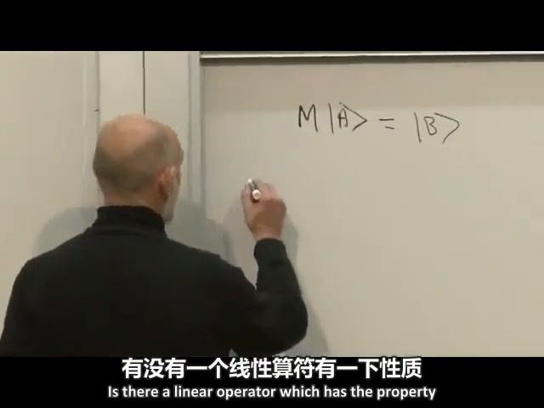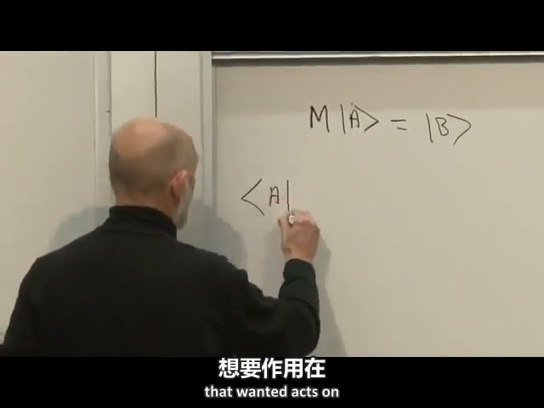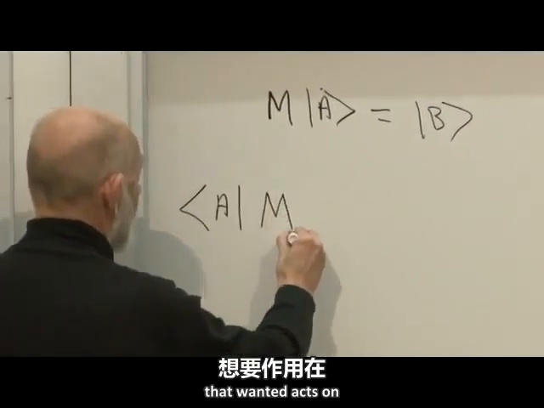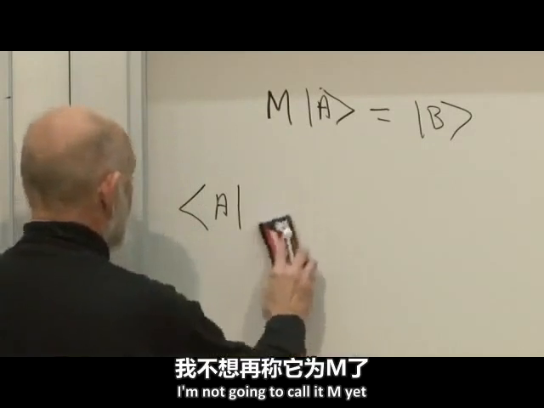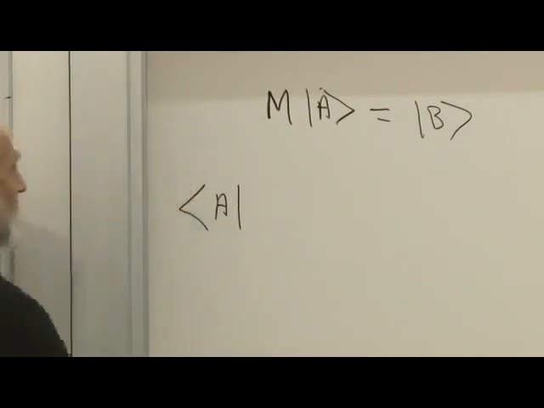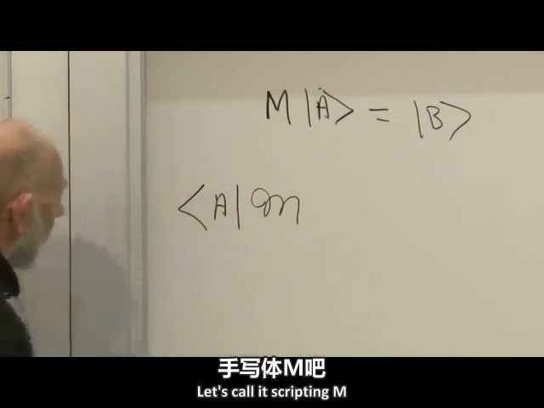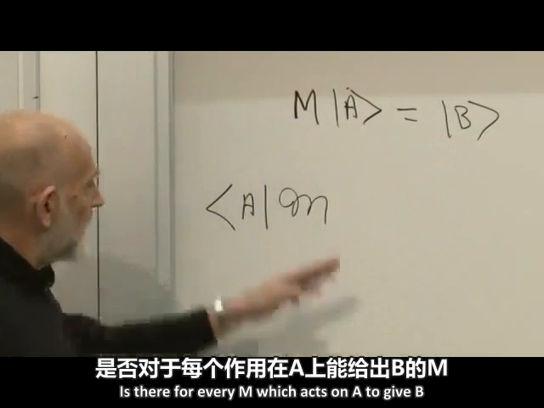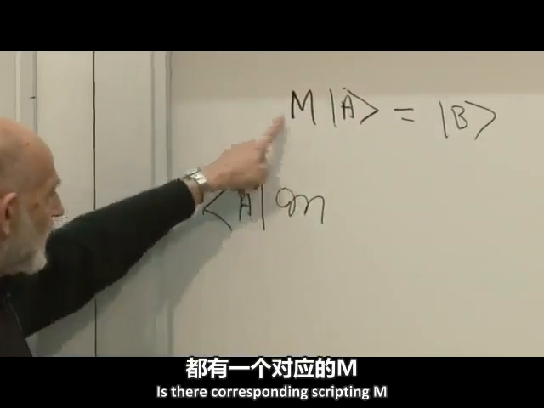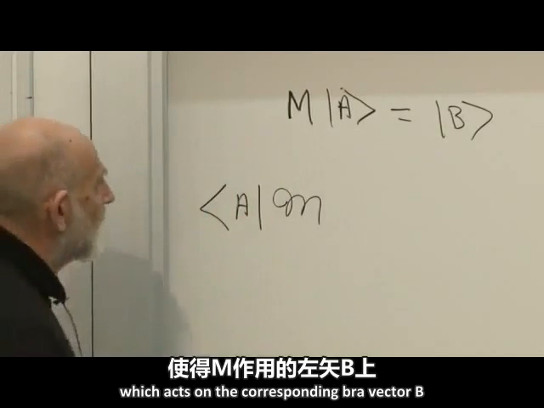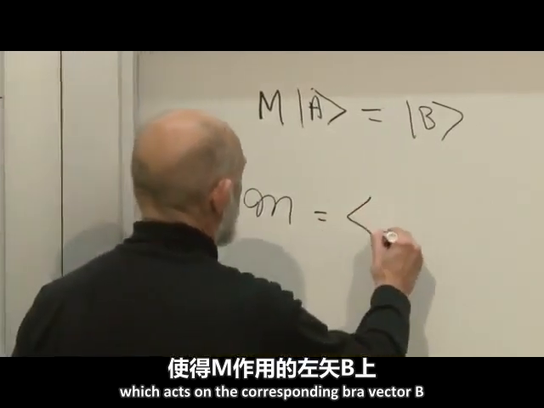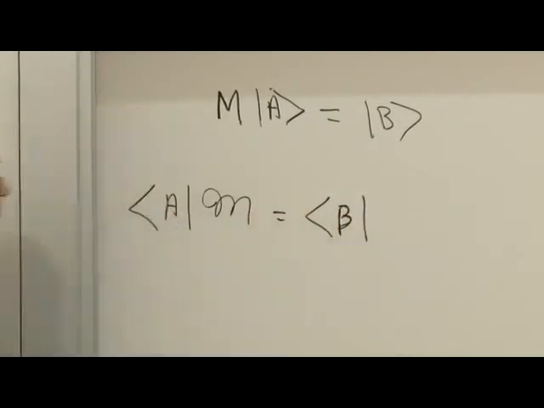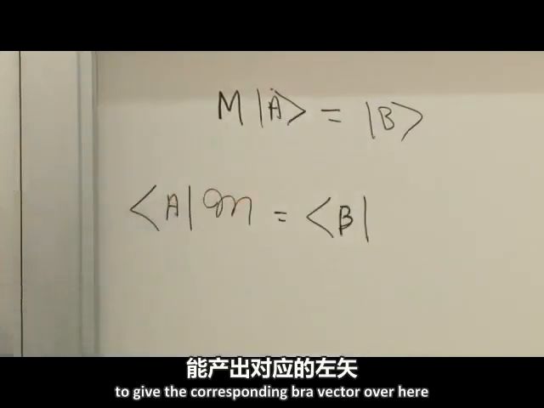Is there a linear operator which has the property that when it acts on, I'm not going to call it M yet, it's not M, let's call it scripty M. Is there, for every M which acts on α to give β, a corresponding scripty M which acts on the corresponding bra vector ⟨β| to give the corresponding bra vector over here?